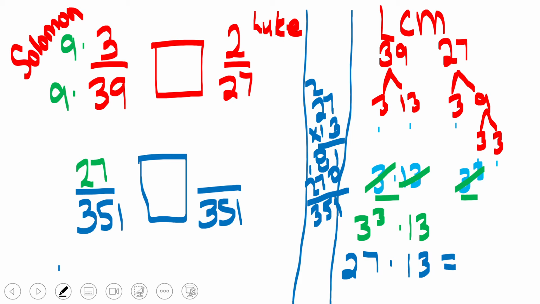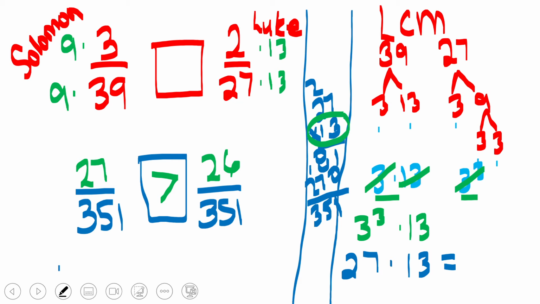How many times does 27 fit into 351? Didn't we just do that work here in the margin? So 27 times 13 becomes 351. 2 times 13 on the top is 26. 27/351 is greater than 26/351.